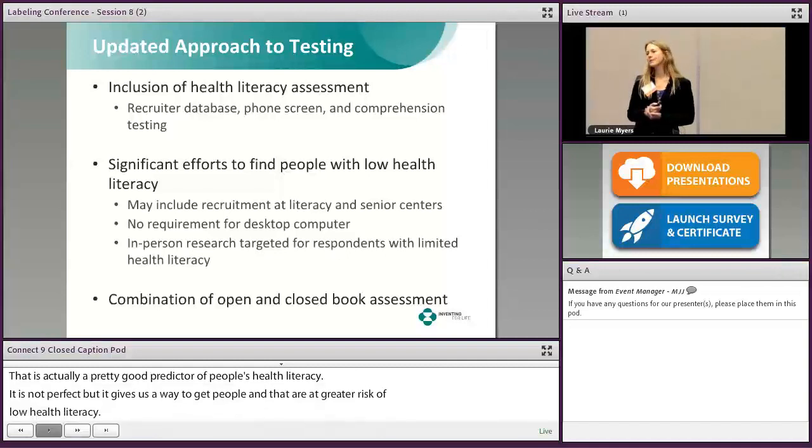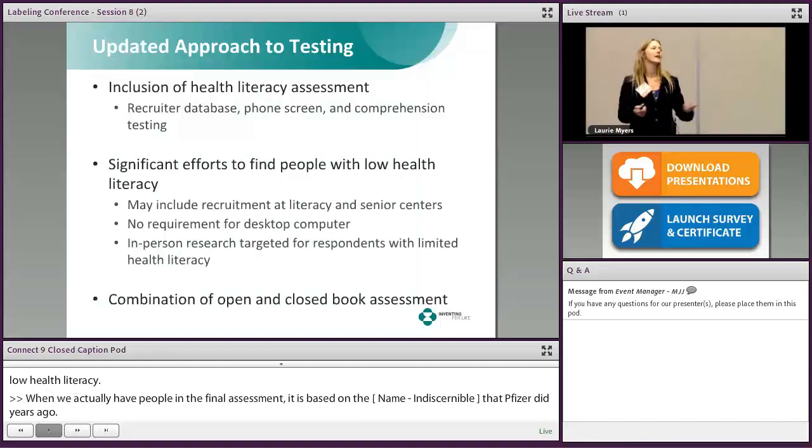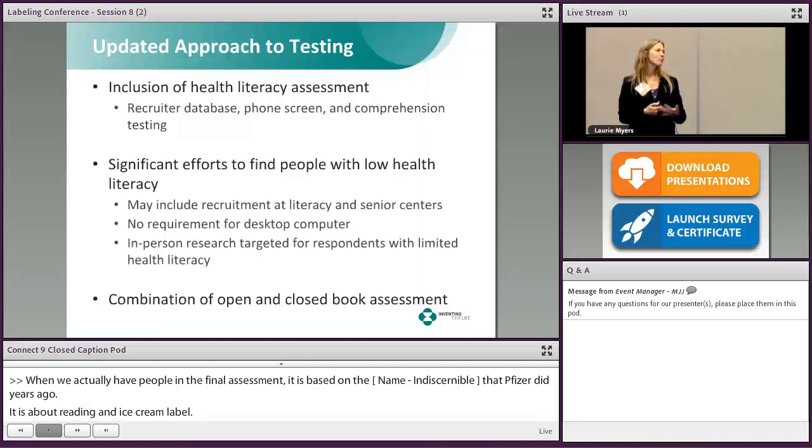Then we also do, I've already talked about the health literacy assessment. When we actually have people, the final assessment is based on something called the Newest Vital Sign, which actually Pfizer did many years ago. But it's about reading an ice cream label. And so for instance, if the ice cream label, one serving has 200 calories, and you're allowed 2,000 calories in a day, what percent of your daily caloric intake is that?